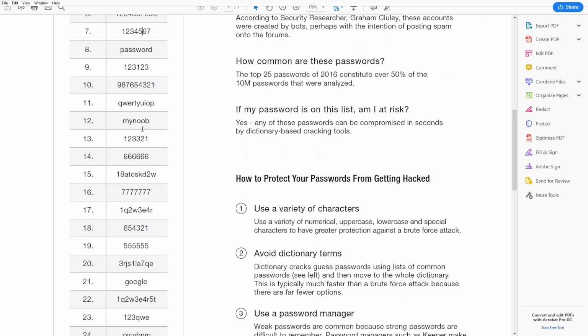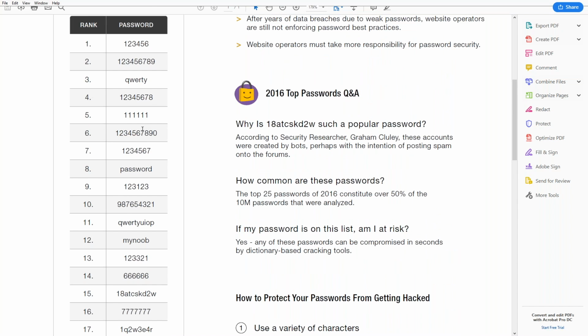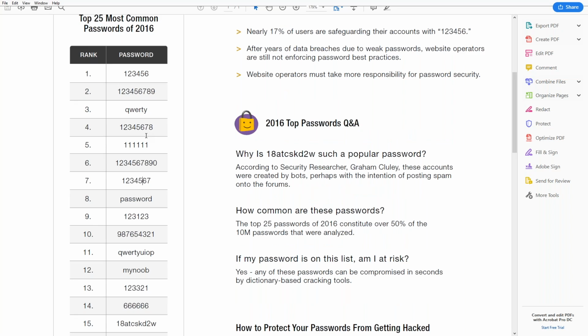As I go through this list, what's important to understand is that hackers make a dictionary list of passwords like this. So they know statistically, from our research, that the top 25 passwords of 2016 represented over 50% of the 10 million that were analyzed. This list of 25 was used 50% of the time, which is staggering.